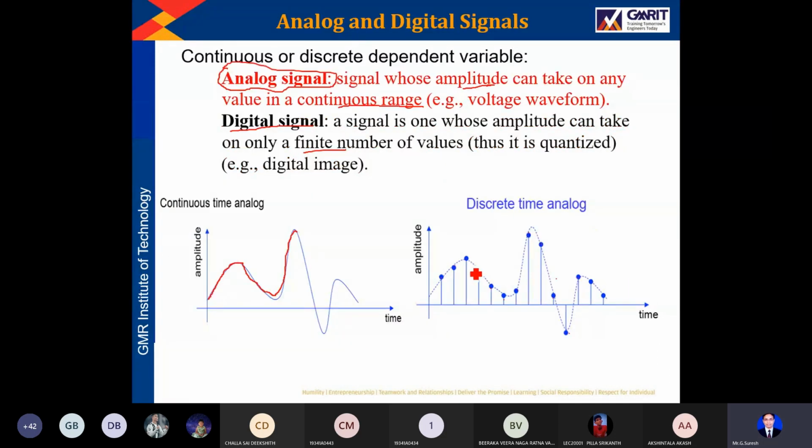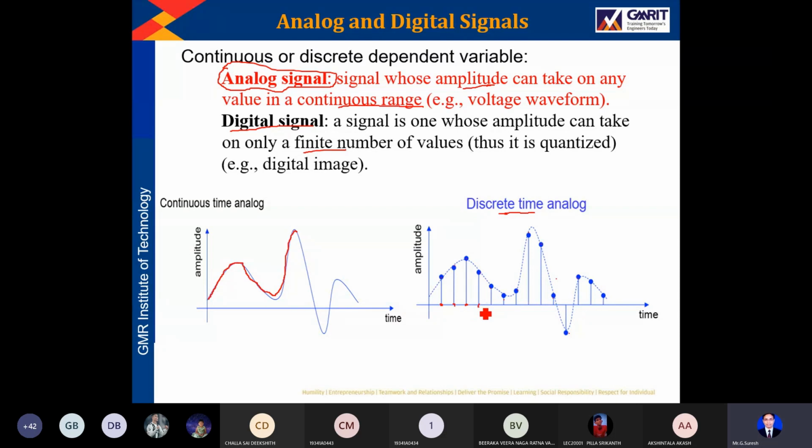Now we'll go back. Here it is continuous time analog. This is discrete time analog. Discrete time analog means this is an analog signal, continuous values of amplitude are defined, but the time is discretized in nature. It is defined only at this instant, this instant, and this instant. So the time is discretized.